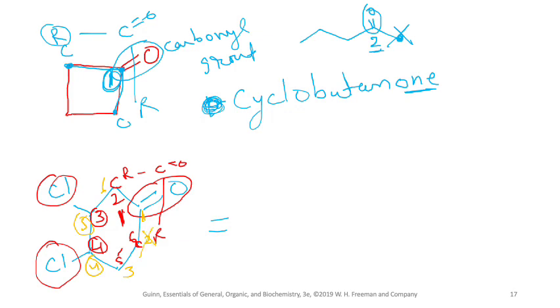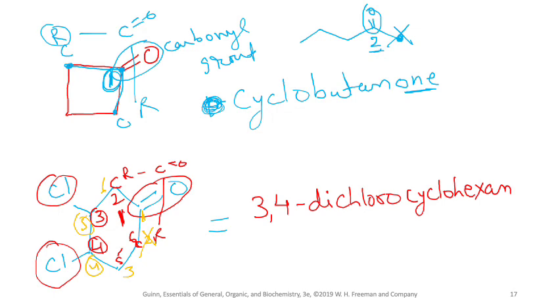The name will be 3,4-dichloro. Then you have 6 carbons, but this is a cyclic compound, so you write cyclo. 6 carbon is hexane, but this is a ketone, ONE, cyclohexanone.